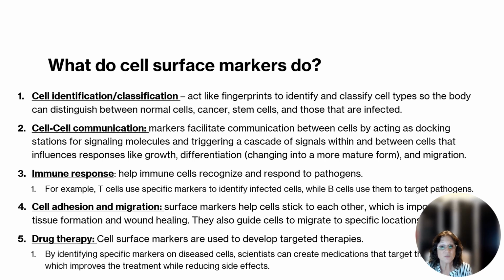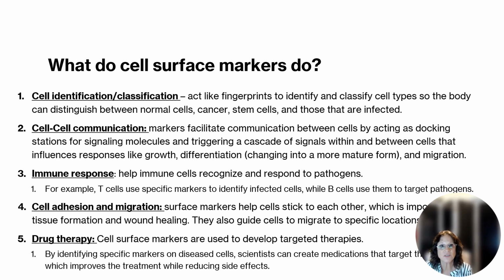In immune response, these cell surface markers help the immune cells recognize and respond to specific pathogens. For example, T cells use specific markers to identify infected cells, and B cells use specific markers to target the pathogen itself. They also function in cell adhesion and migration.